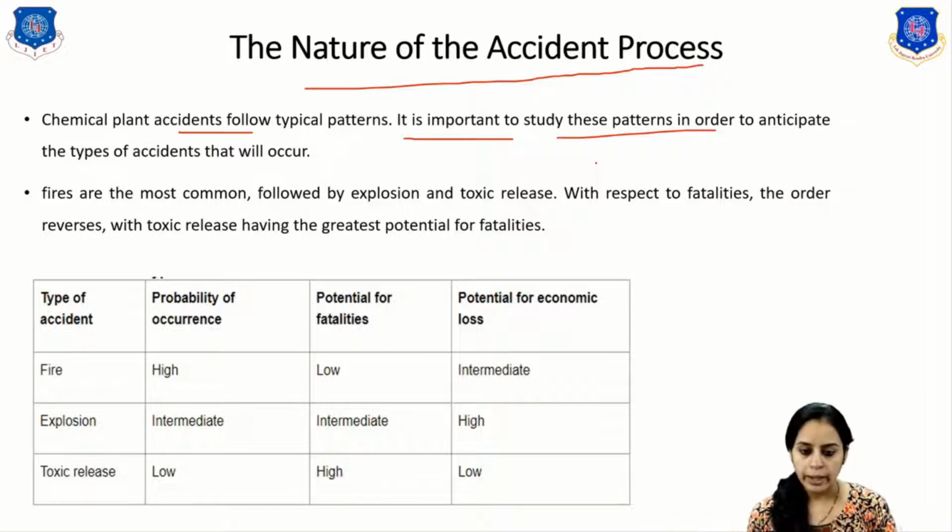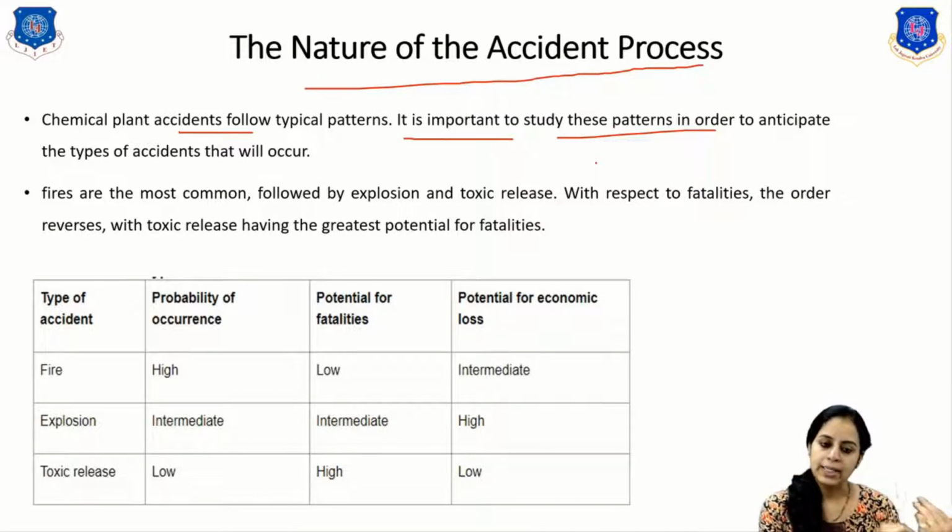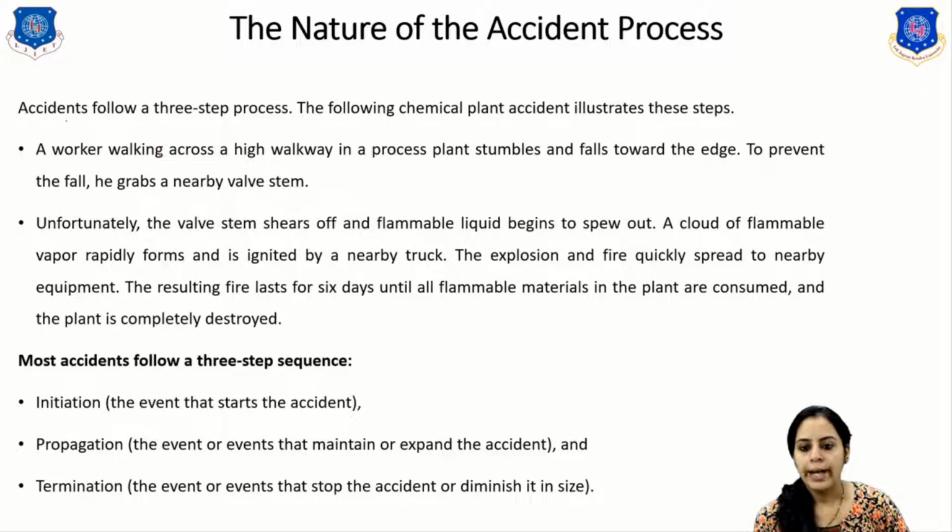For explosion, the probability of occurrence is intermediate, potential for fatalities is intermediate, and economic loss is high. For toxic release, occurrence is low, fatality is high, and economic loss is low. Now, accidents follow a three-step process.